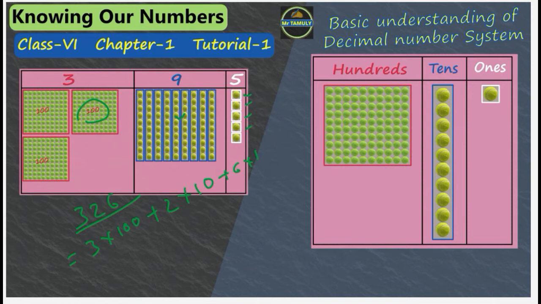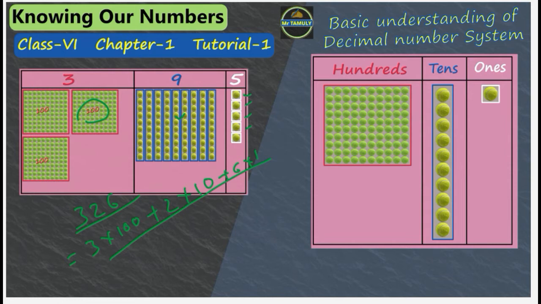So this has now become easier for you to write the expansion of a 3-digit number. So the same concept applies to the other places also, that is the thousands place, 10,000s place, etc. We shall look into the larger numbers in subsequent tutorials.